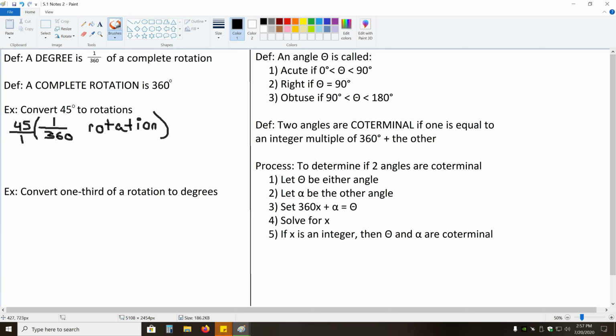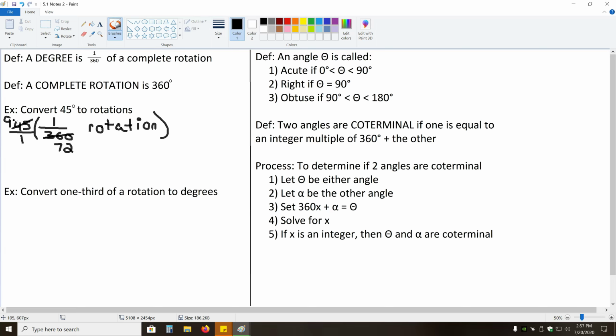Each of these is divisible by 5. So if we divide 45 by 5, we'll be left with 9. If we divide 360 by 5, 5 goes into 36 7 times. There'll be a 1 left over, which leaves us with a 10. And 5 goes into 10 2 times. You could always use a calculator to check that if you have trouble dividing. That's perfectly fine.